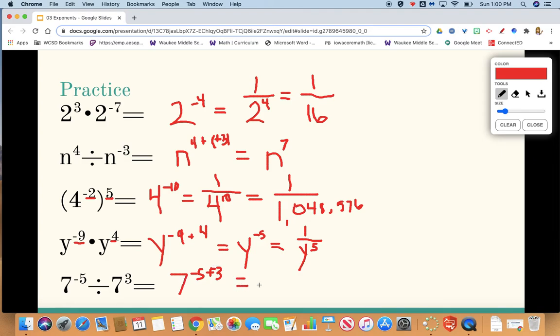That would give us 7 to the negative 8th power. I don't want a negative power, so think about how we would change that into a positive power. Hopefully you said place a 1 over top of it.